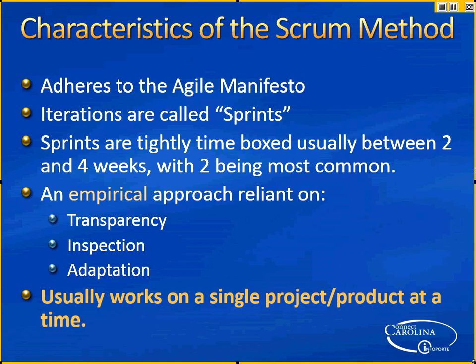Inspection, so code inspections, examining what's being developed in an open, respectful environment. And adaptation, meaning, one of the goals of Agile is to fail early, right? So you can make corrections and then move forward successfully.